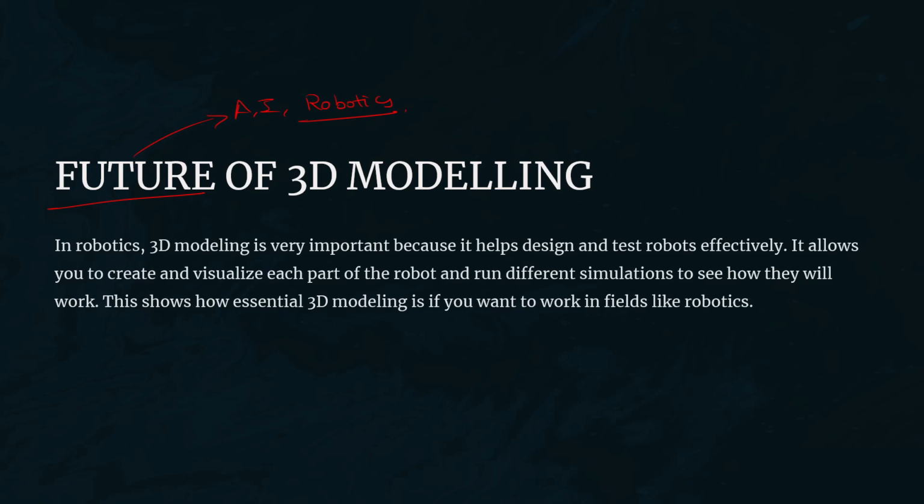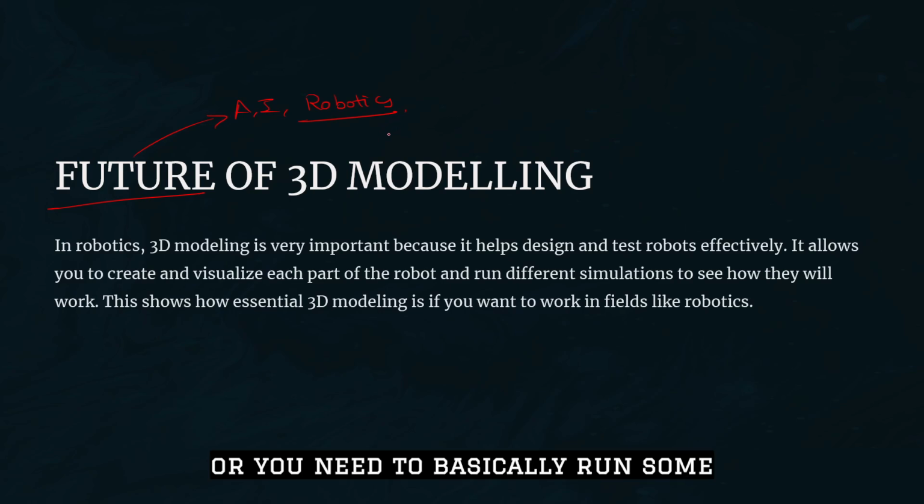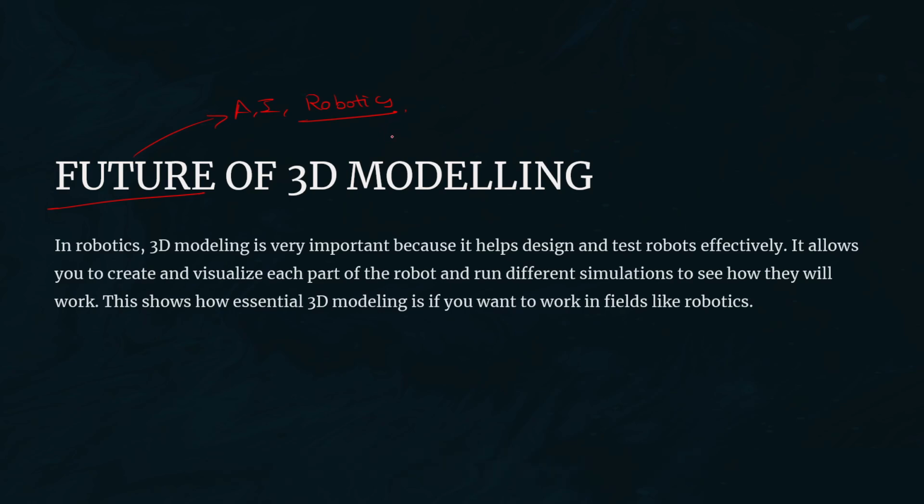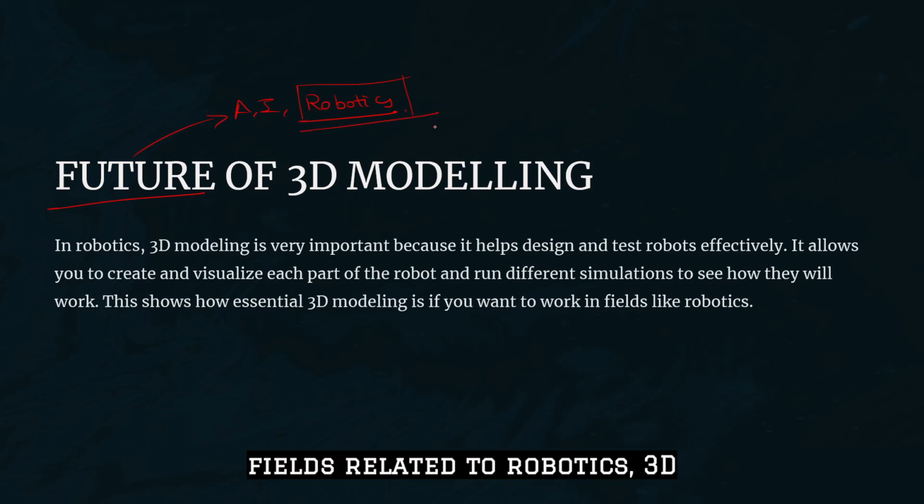For example, you need to create some parts of a robot. So you basically need 3D modeling to do so, or you need to run some simulations on the different parts of the robot. So you need the knowledge of 3D modeling. Hence, if you are interested in fields related to robotics, 3D modeling is important to learn.